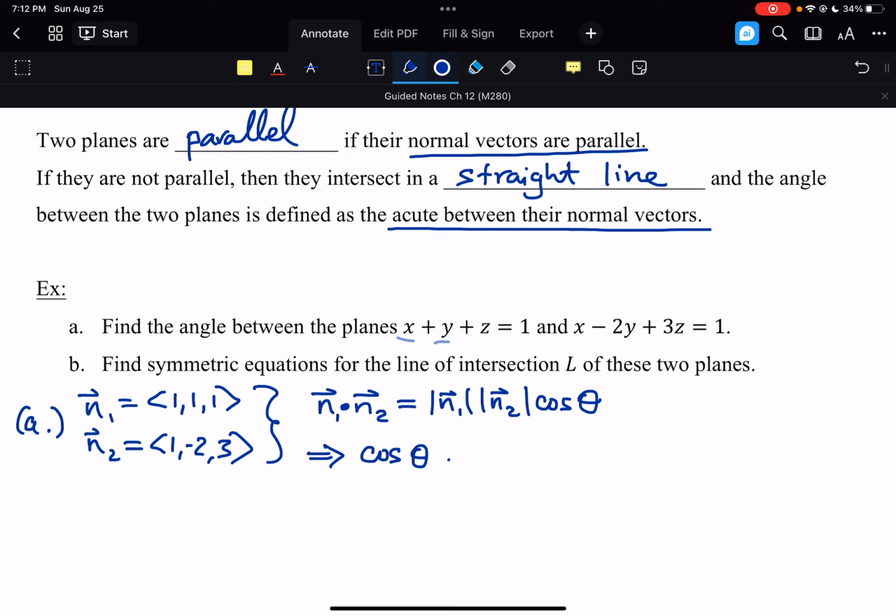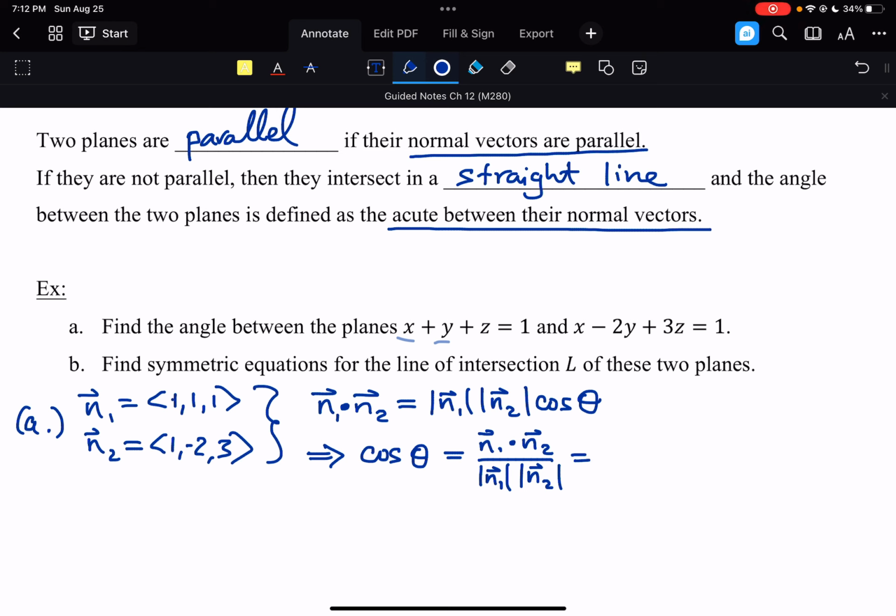So we're going to get cosine of theta is, let's see, we divide this under here. So we're going to have n1 dotted with n2 over length of n1 times length of n2.